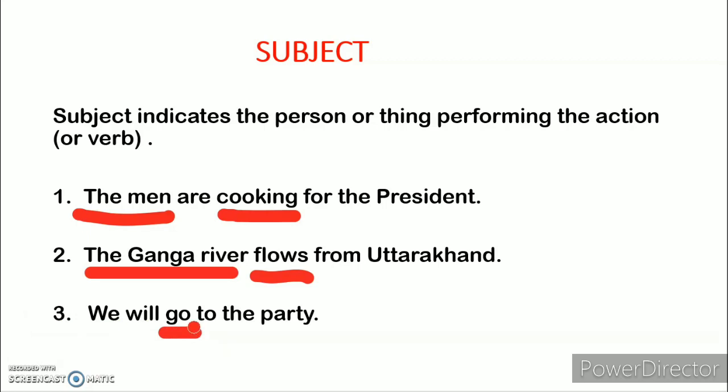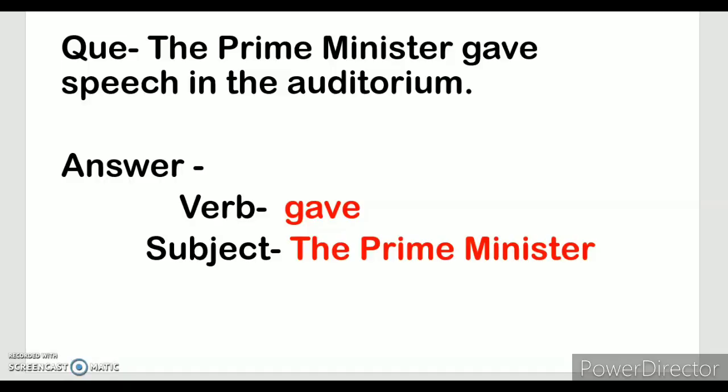And what is the subject here? We. We is the one who is going to perform the action of going to the party. So therefore, we is the subject. So far, we have understood how to identify subject and verb in a sentence.